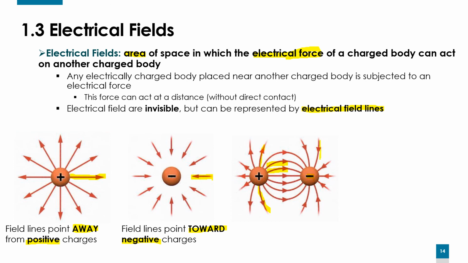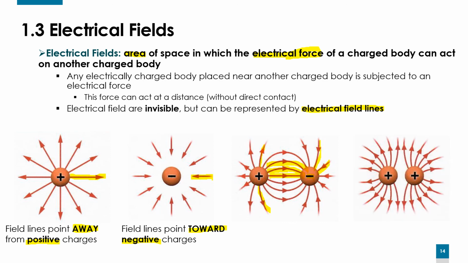So the line moving away from the positive goes toward the negative charge. What happens if I have two positive charges? They are going to repel, so the lines move away on both sides. It's very hard to put them together because they repel each other.